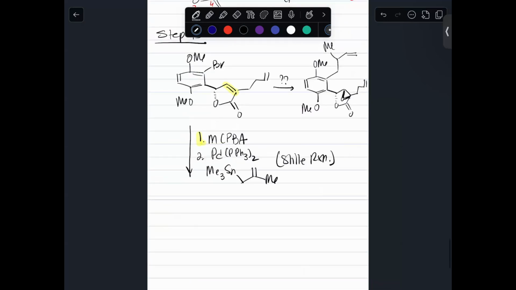So they were able to not only epoxidize, so this is after MCPBA, and it was wedged in order to avoid any steric hindrance from the bottom.